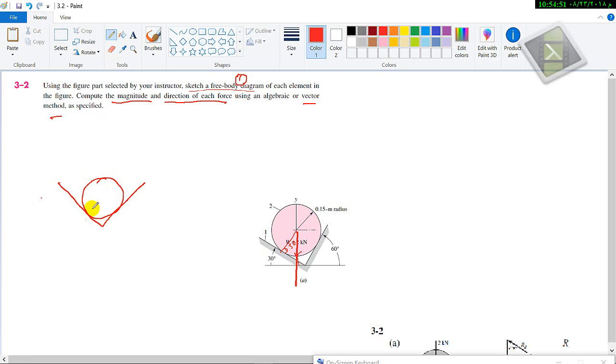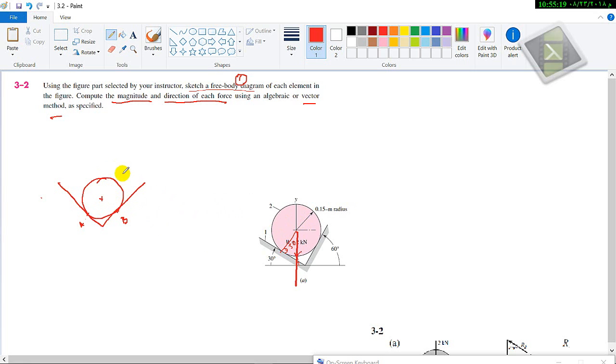Now we have a tangent point here, this is called A, and we have a tangent point here, this is B. Now we have the center of this rod or cylinder, which is resting on an inclined wall, and we have the radius of this cylinder, this circular bar.